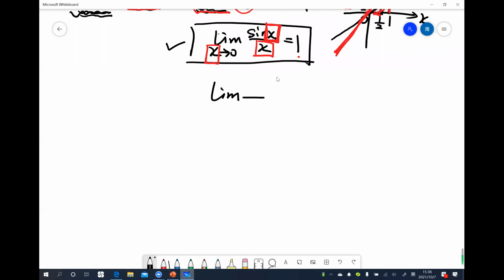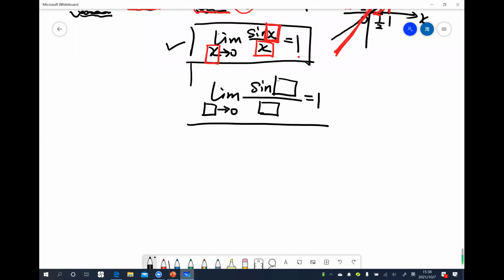Here I use a square to mean that as long as these three parts are the same, then you can get the same result, that is 1. So these two formulas are actually the same, but they have different forms.